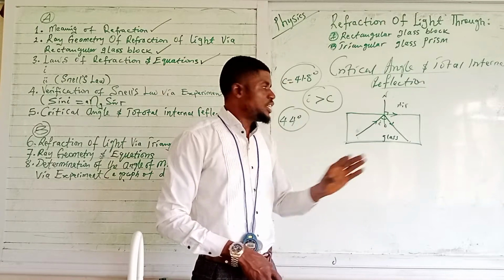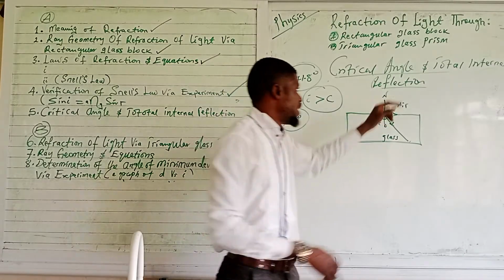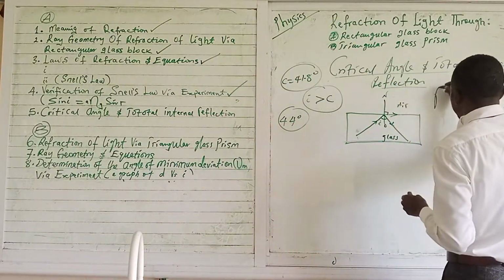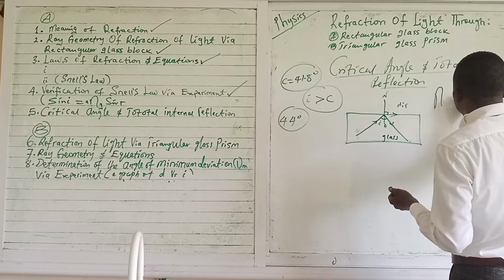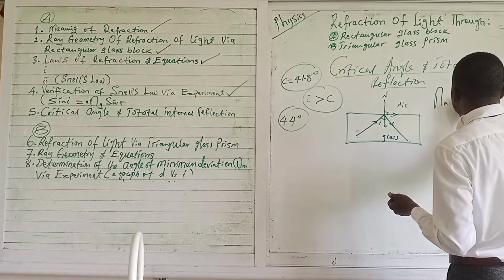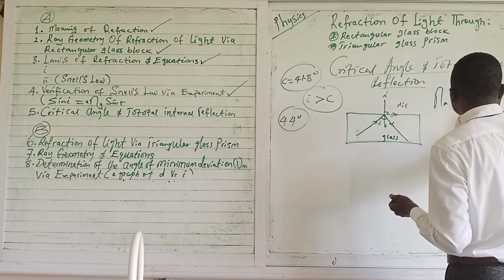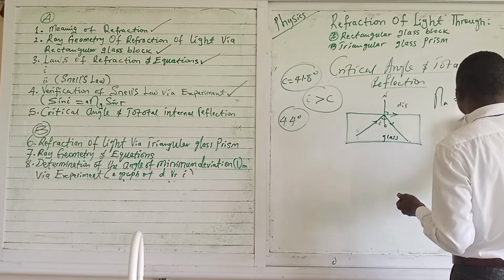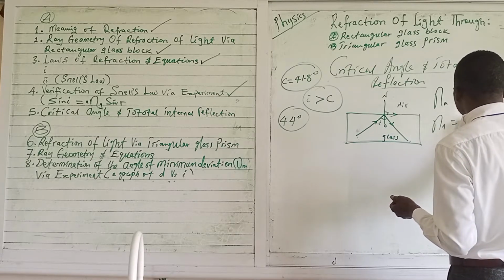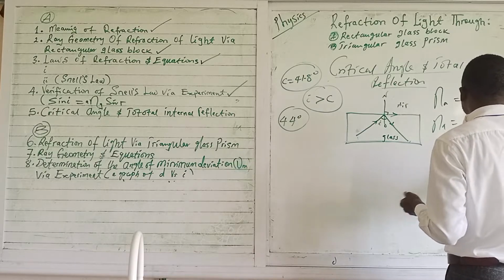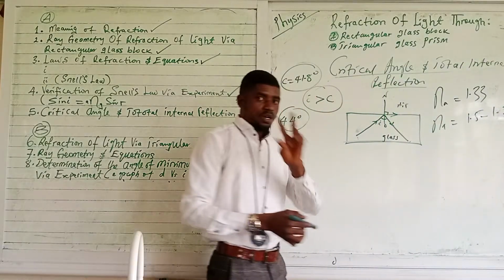You can sense that even in the refractive index of glass and air. I told us that the refractive index of air, let's say air, is 1.3, and that of glass is 1.5 to 1.7.